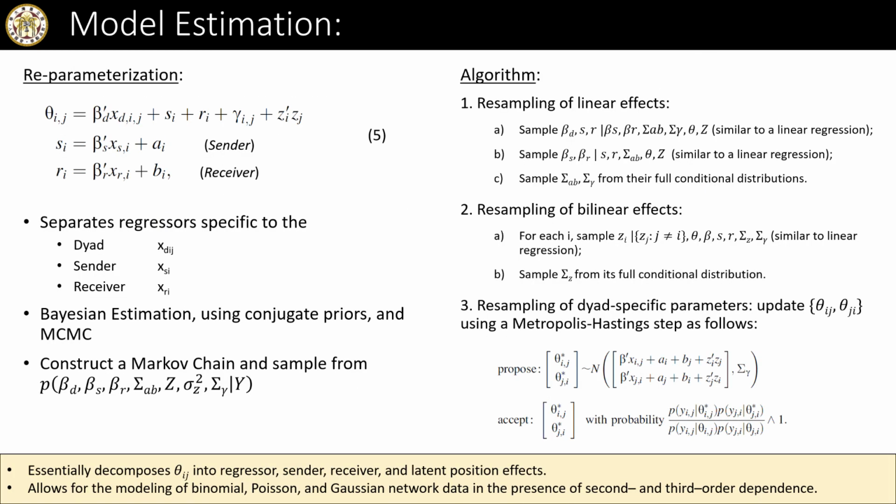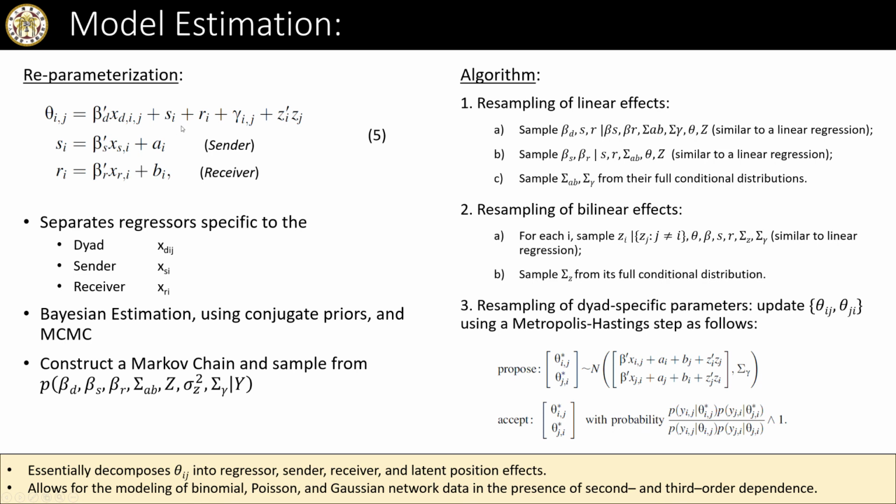All right, so we're going to talk about how this model is estimated. First, they're going to reparameterize their model and separate their regressors into different chunks. There are going to be sender and receiver effects as well as the dyadic effects. Here, the dyadic effects are captured in this beta sub d x dij term.